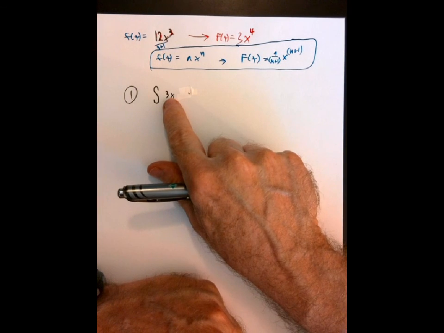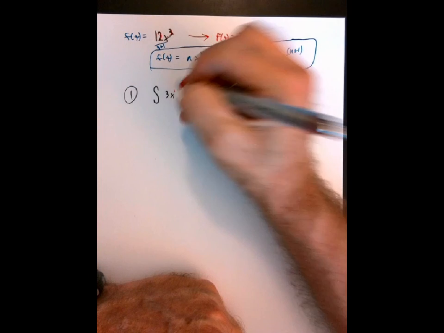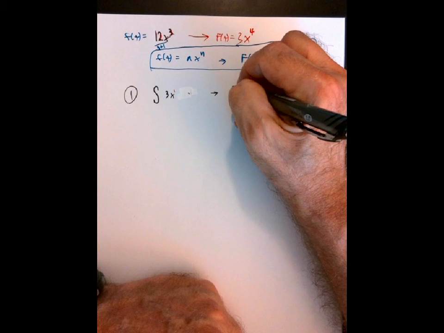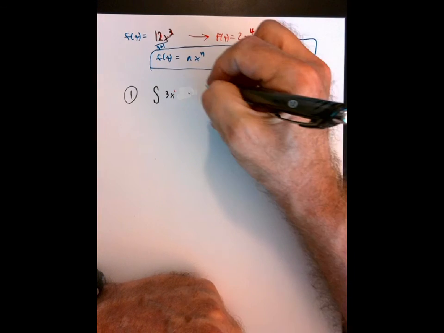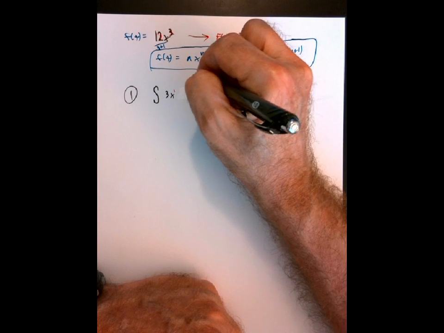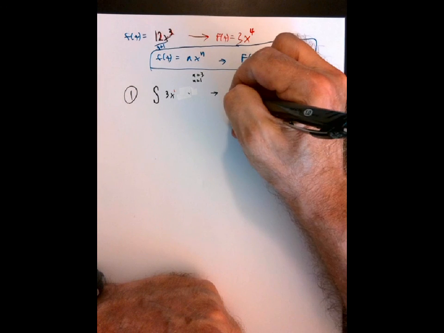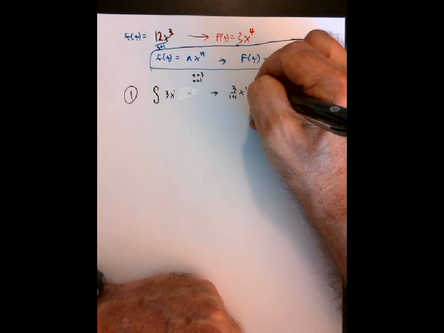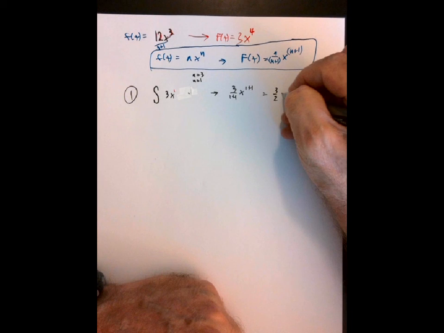The a is 3, and the n is 1. So n is equal to 1, and a is equal to 3, right? 3 over 1 plus 1, x to the 1 plus 1, or 3 over 2, x squared.